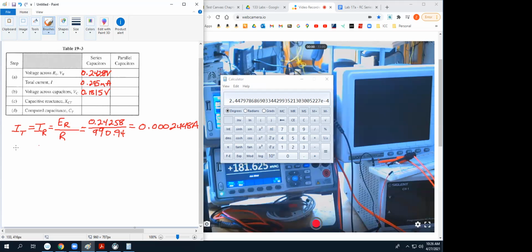Capacitive reactance, how do we find that? Right, Ohm's law, R equals E over I.